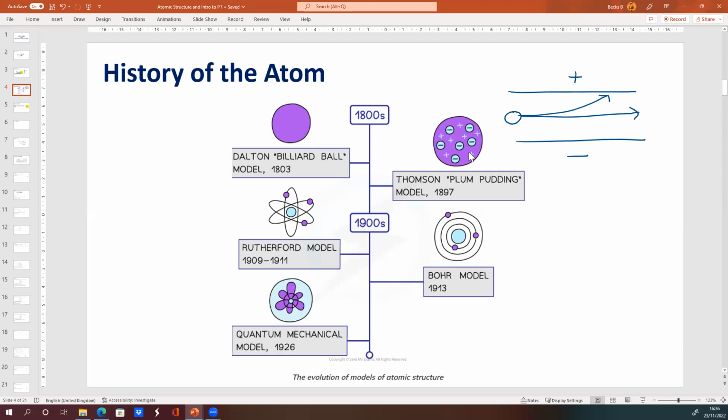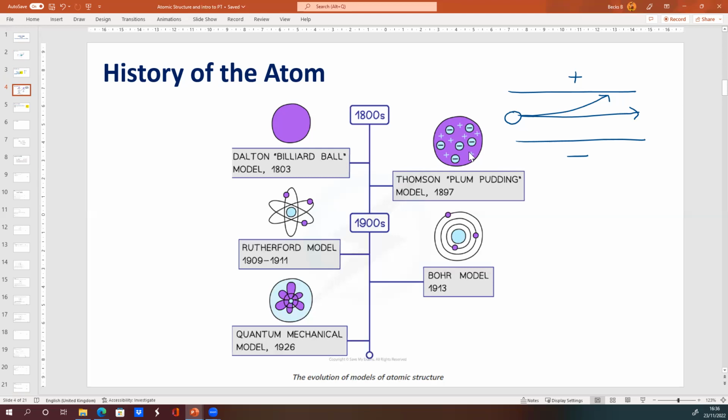Between about 1909 and 1911, it was Ernest Rutherford that brought together the model that we usually see. If you watch The Big Bang Theory or anything like this, you'll see this kind of model. He proposed that the electrons were orbiting that central nucleus.